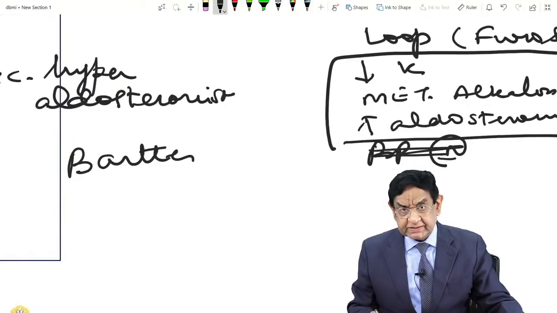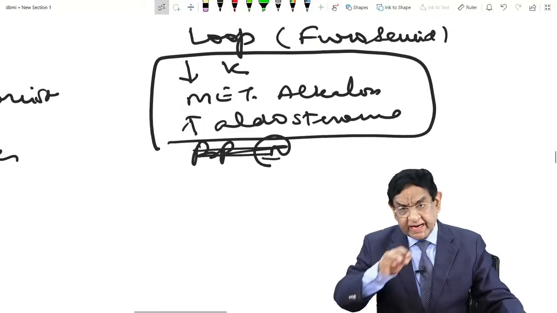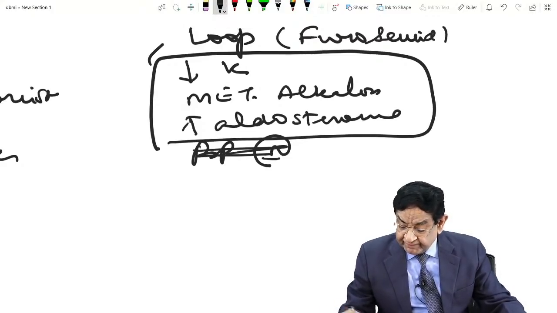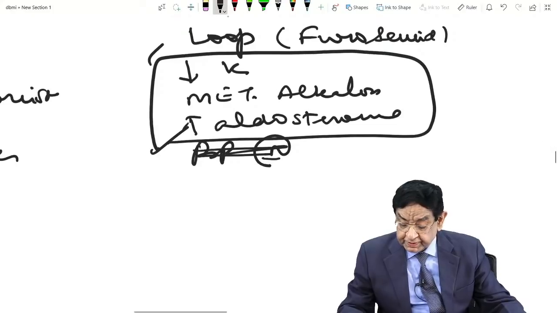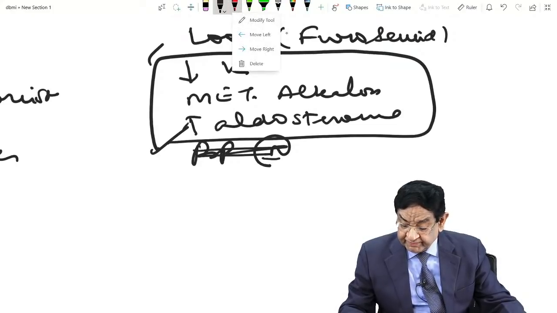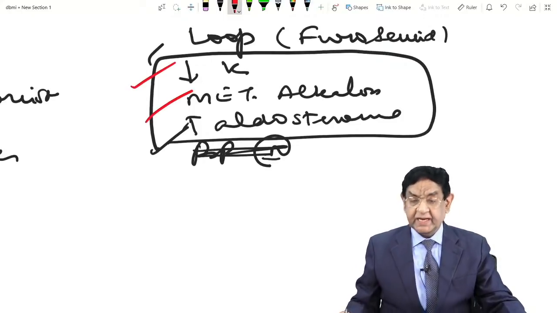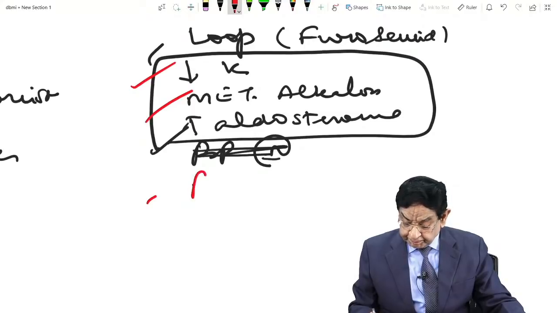Write down. It means Bartter syndrome will have everything the same as a loop diuretic. They will be having increased aldosterone, and they will be having hypokalemia, metabolic alkalosis, and polyuria will happen.